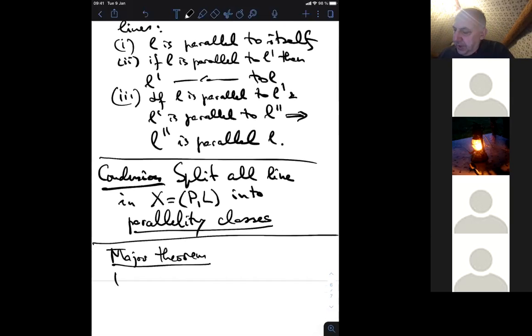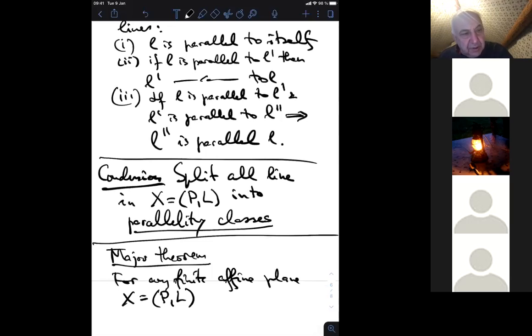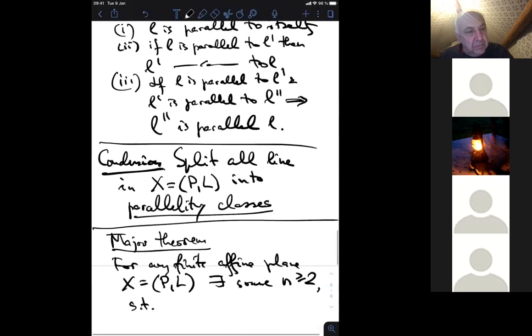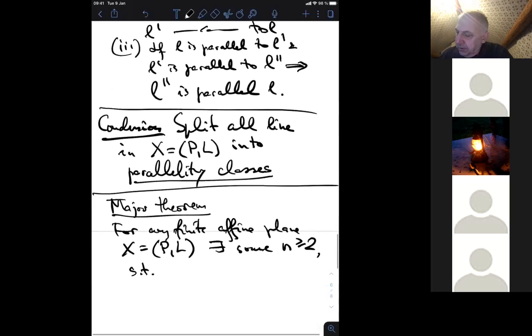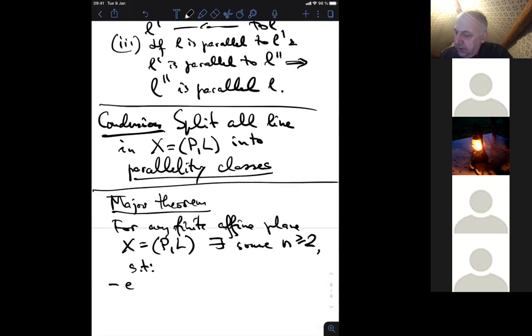For any finite affine plane X, which consists of points and lines, there exists some positive integer n, bigger or equal than 2, such that the following holds. First, every line contains n points.